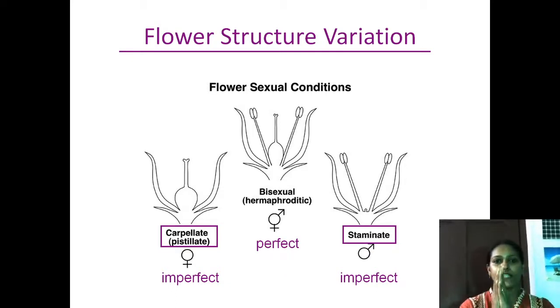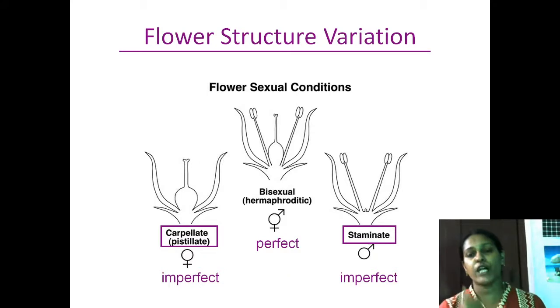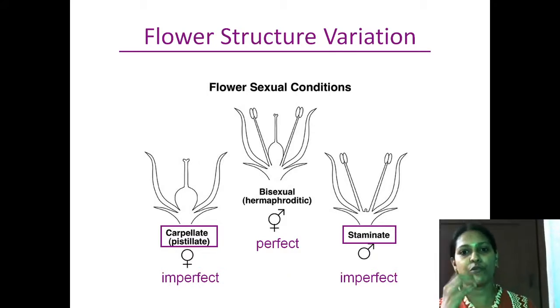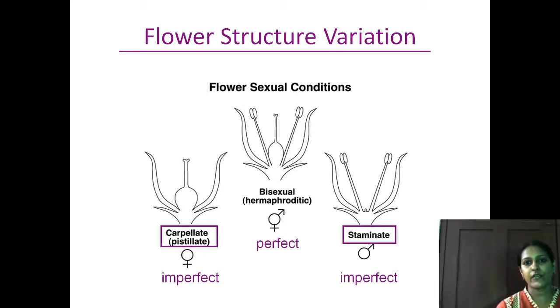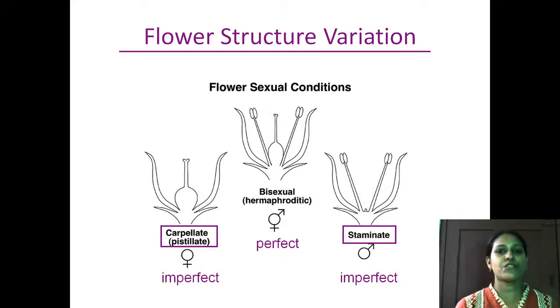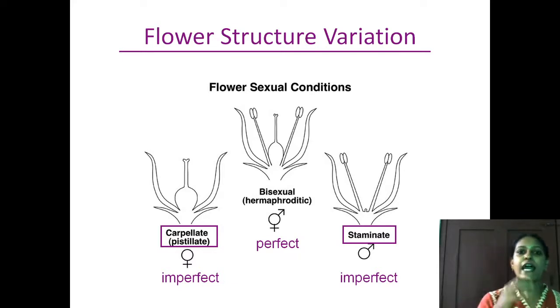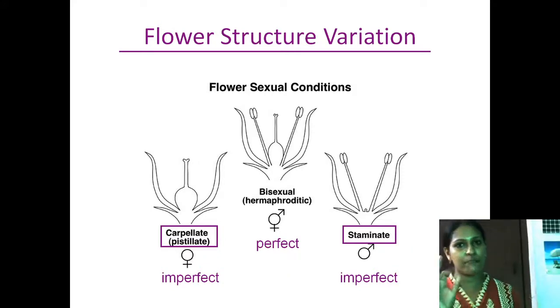When they come together, we call this bisexual. Like what you have learned in earthworm, where you could find both the sexes, hermaphrodites. Okay? Hermaphroditic flowers you could see, bisexual flowers. Fine? So there are unisexual flowers and bisexual flowers. Unisexual flowers are imperfect, and bisexual flowers are perfect.